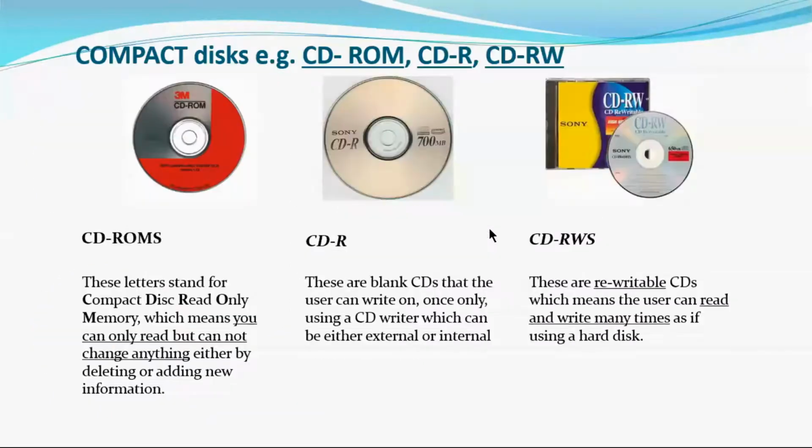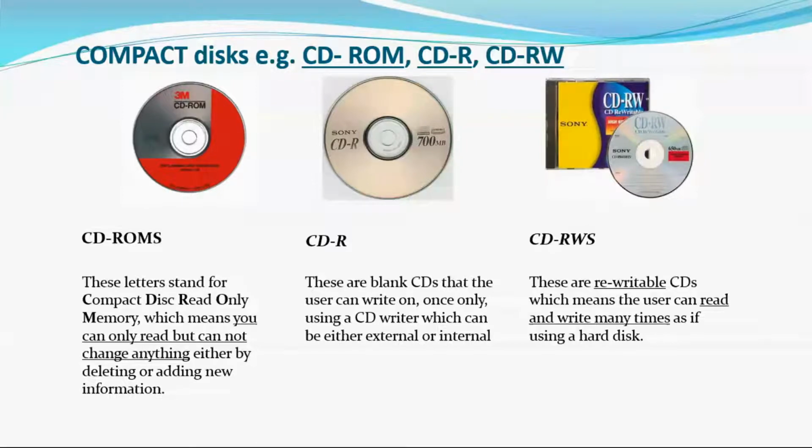Now let's start by looking at the compact discs. Here we look at examples like the CD-ROM, the CD recordable, and the CD rewritable. When we look at the CD-ROMs, the word CD stands for compact disc.